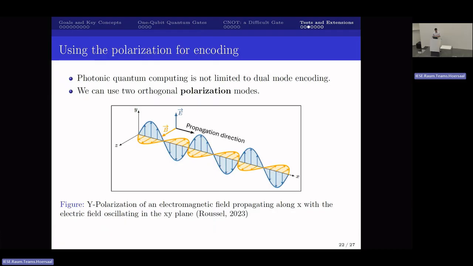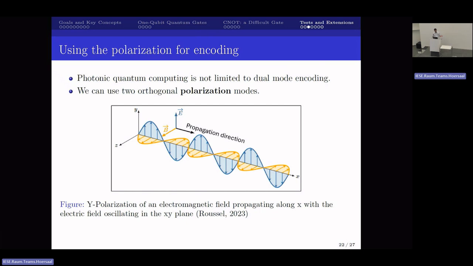Okay. We can also use another property of light to encode qubits on, and that's the polarization. The polarization is defined as the path described by the electric field associated with each photon. And from this electric field, you can define a vertical and horizontal position.